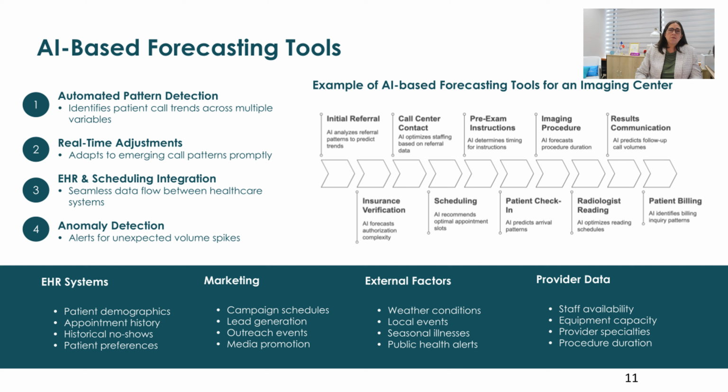AI tools function to benefit in providing automated pattern detection, which uses machine learning to find complex hidden patterns that usually a human interaction or a human analysis could miss. It could provide highly precise predictions, such as pinpointing call spikes as soon as 2 days after a specific physician visit.